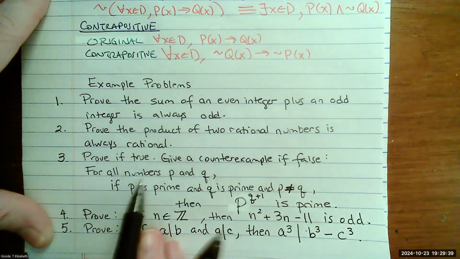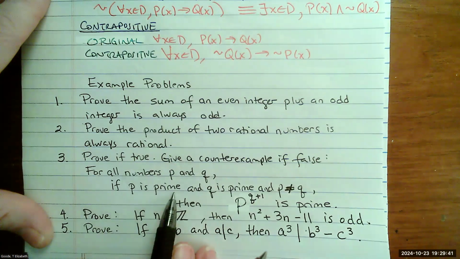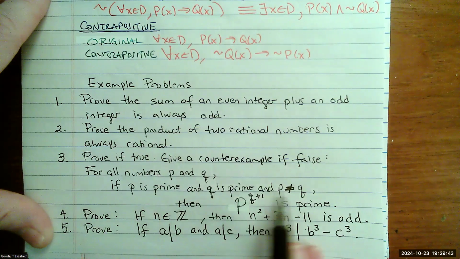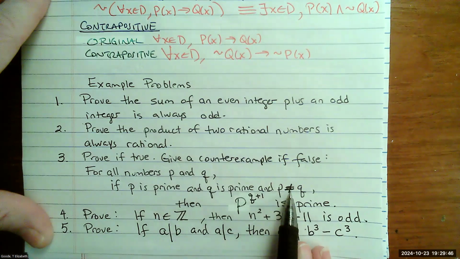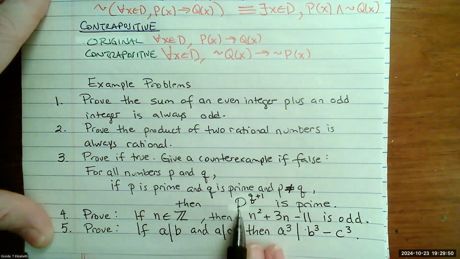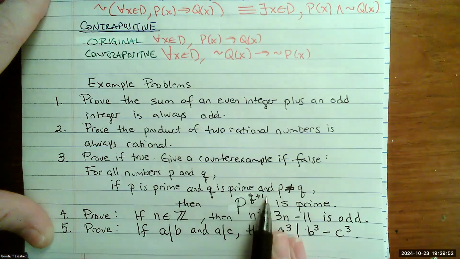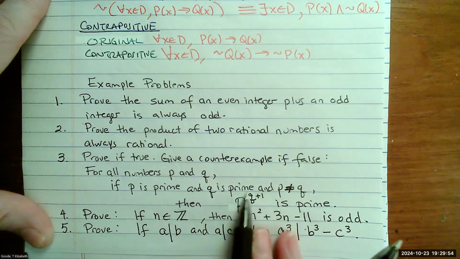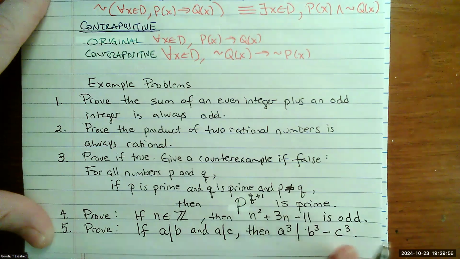So for all numbers P and Q, if P is prime and Q is prime, and P is not equal to Q, so they're distinct, we've seen that before, then P raised to the Q plus 1, so this whole thing is in the exponent, is prime.